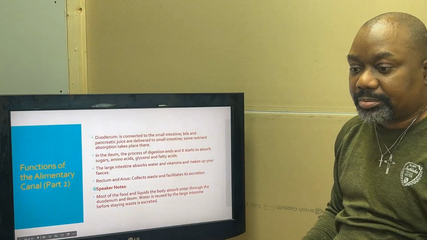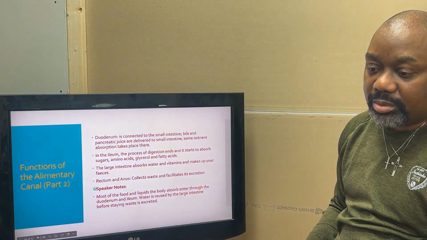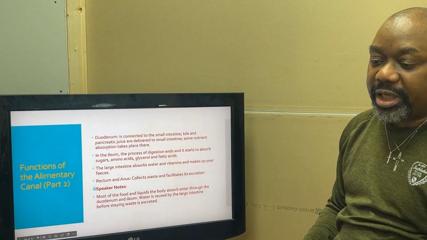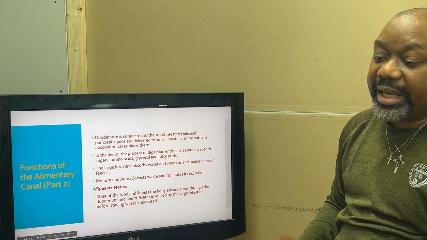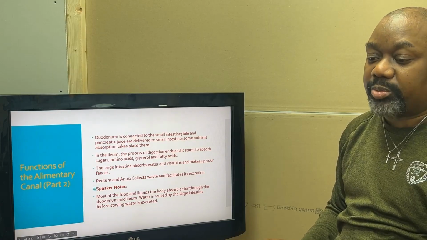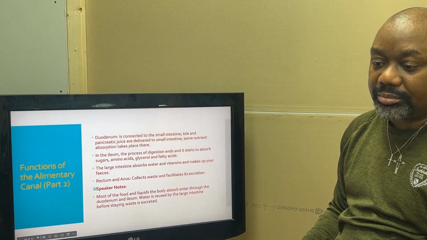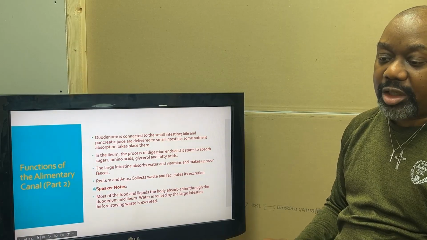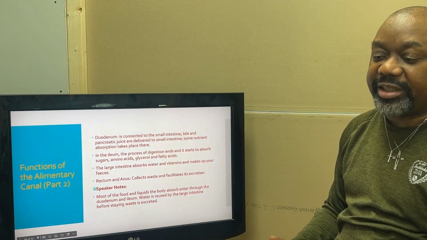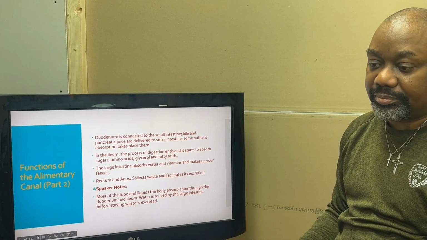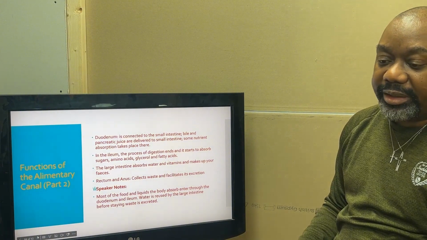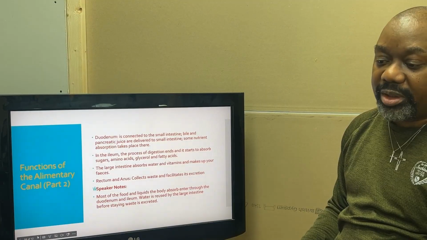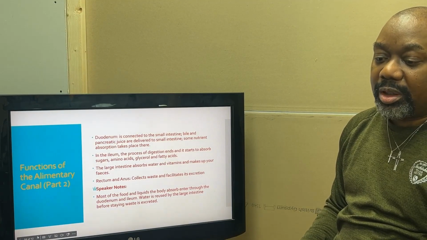In the ileum, the process of digestion ends and it starts to absorb sugar, amino acids, glycerol, and fatty acids. The large intestine absorbs water and vitamins and makes up your feces.